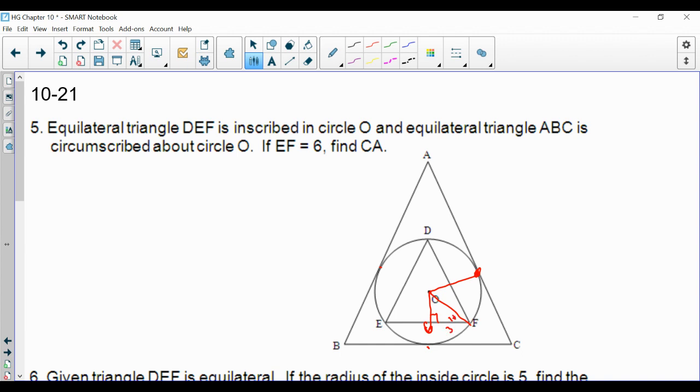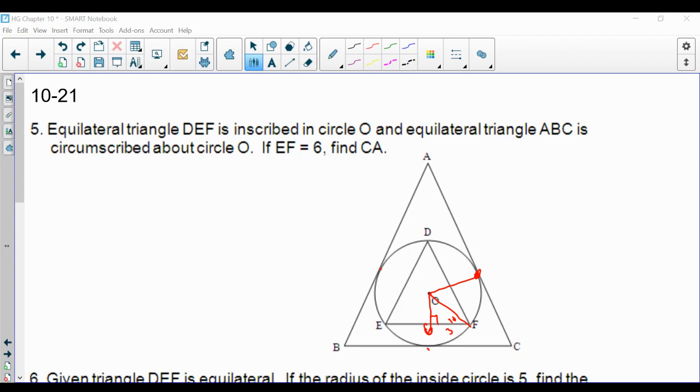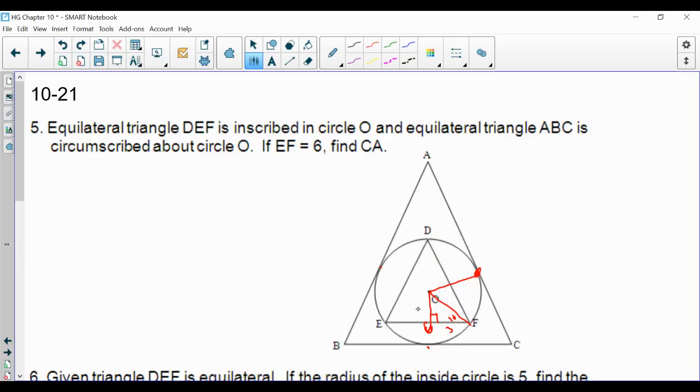So this is 30 degrees. This side is 3. And you do your 30, 60, 90 ratio, and you end up that this height is √3, and that means this is 2√3 for the radius. Once you know that's 2√3, you also know that's 2√3.